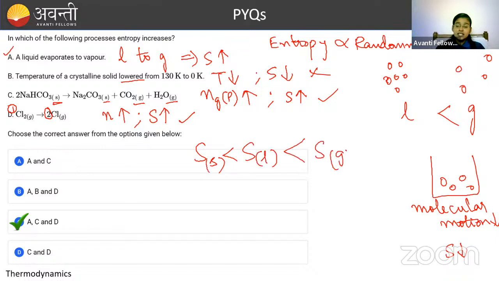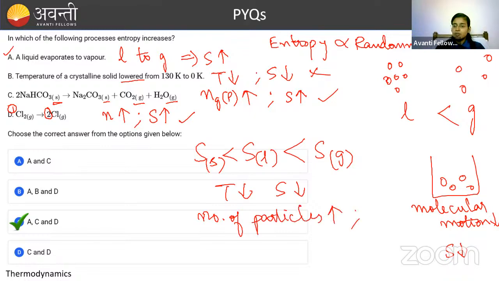So entropy of gas is more. If the temperature is decreasing, entropy will also decrease. This is the second thing. And one more thing is that if the number of particles increases in a reaction, entropy will also increase. So these are the three concepts you have to get from this question.